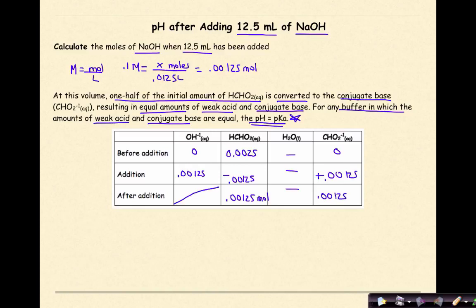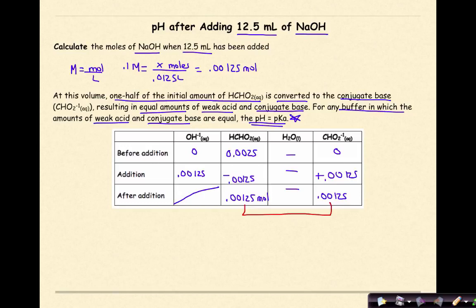And of course, the strong base that was added was neutralized. The key thing to notice here is that the moles of my weak acid and the moles of my conjugate base are the same. There's an equal number of moles. And that is known as half titration, the half titration point.